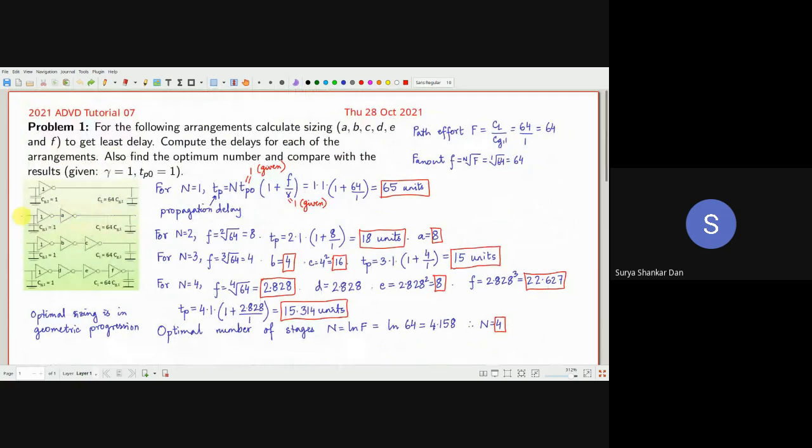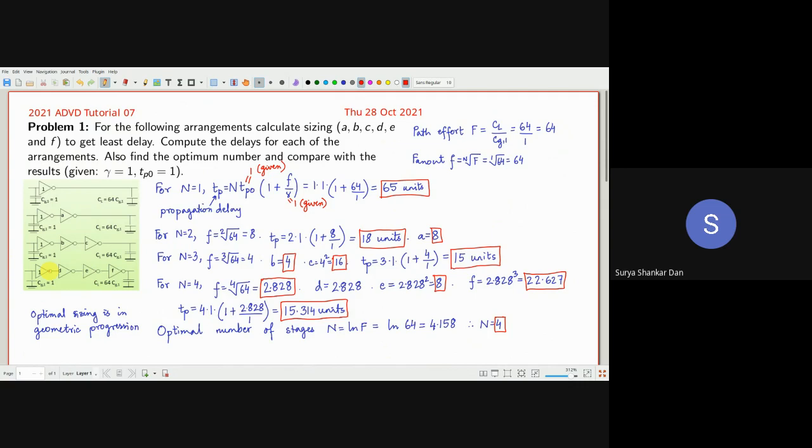But if it is a single straight path, then it's simpler, and it is basically a geometrical progression. We can prove that mathematically; I presume that theory was done in the lecture. So clearly you can understand the sizing is in geometric progression: if this is 1, this has to be f, this has to be f squared, and so on.